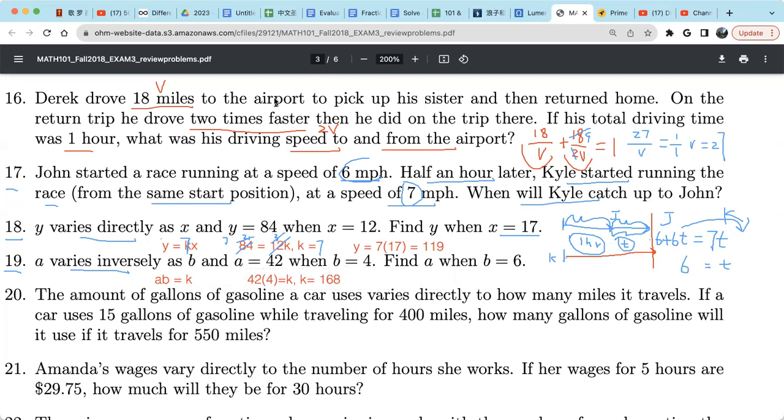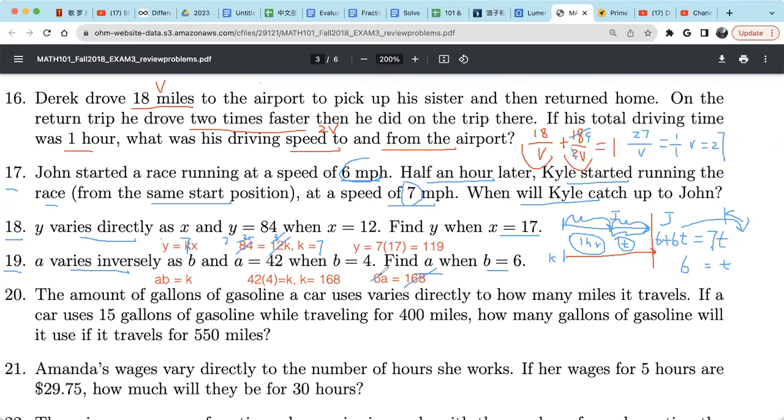So now we want to find A when B is 6. So put it back in. 6A equals 168. Okay, so we divide by 6. Let's first divide by 2 first.